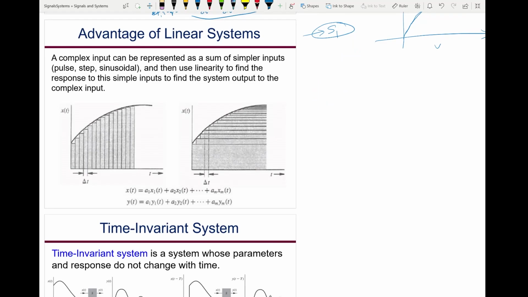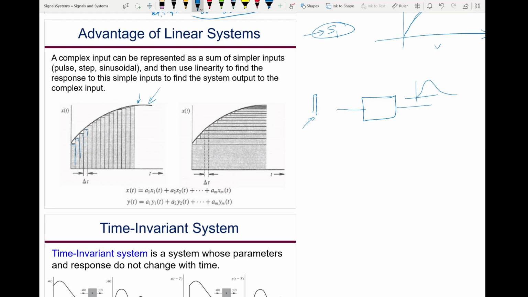You can have a very complex input to the system, that could be just like this curve, part of the input. Now, if I know how the system responds to a pulse like this, maybe the response is something like this, I can express this complex input as a linear sum of pulses.